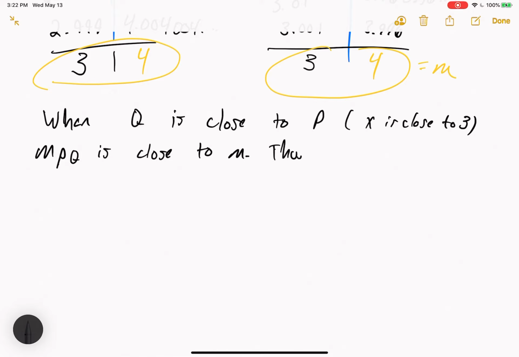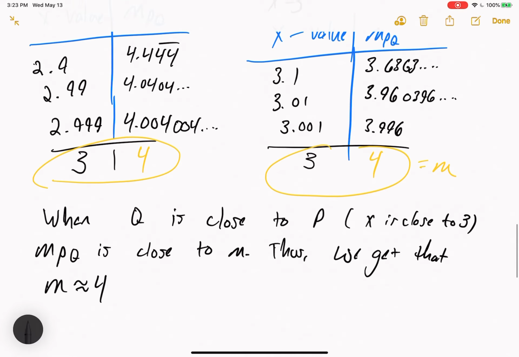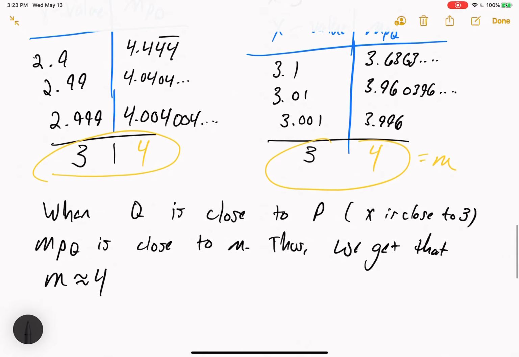Thus, we get that the slope of the tangent line is equal to M, which should be approximately equal to 4. And the reason why I say approximately equal to is that it's kind of clear in these cases what these values are approaching, but it may not always be obvious.